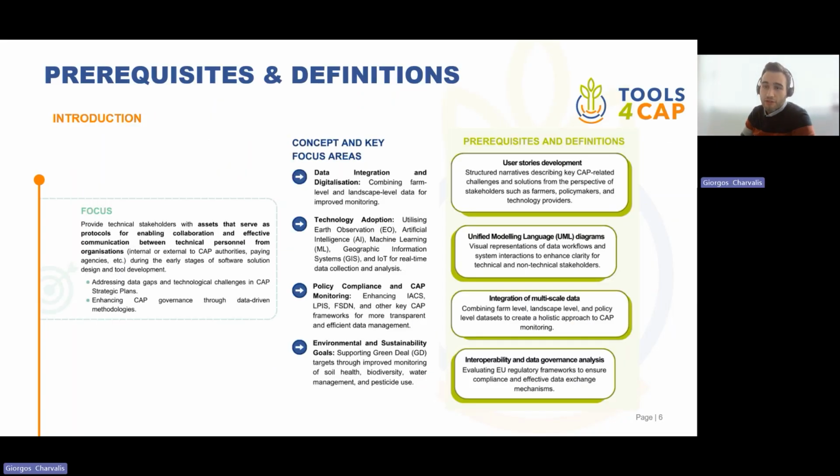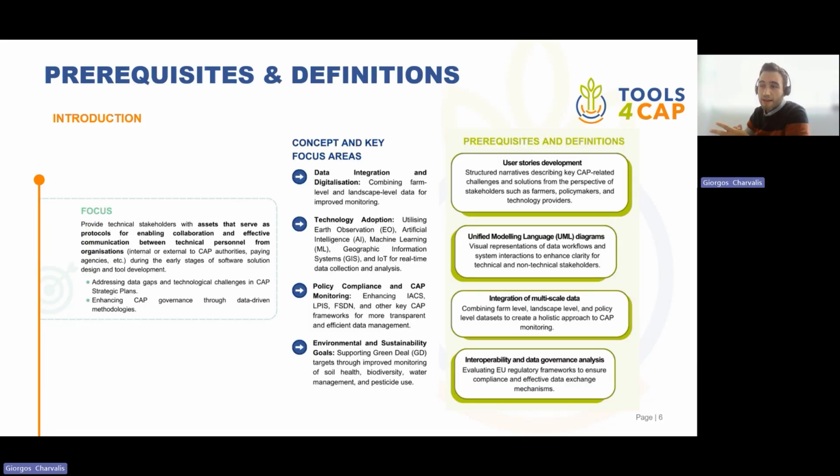Now, the reasoning behind why we do this is, of course, to support personnel and technical stakeholders in order that they have some guidelines for collaborating and communicating within their organization, but also with other organizations that need to facilitate this communication.